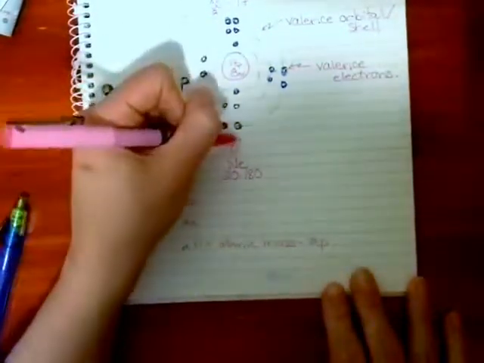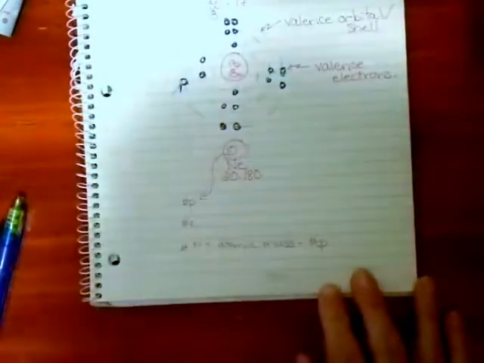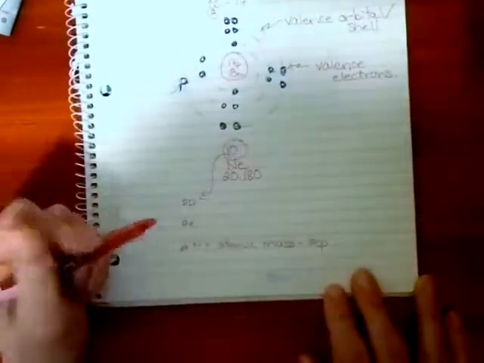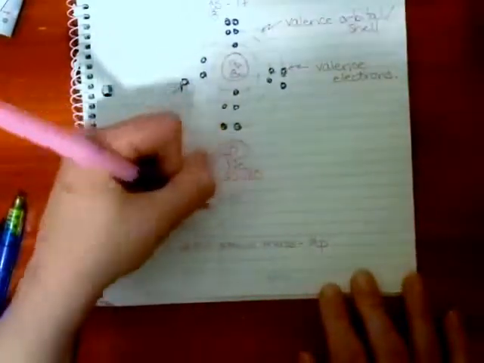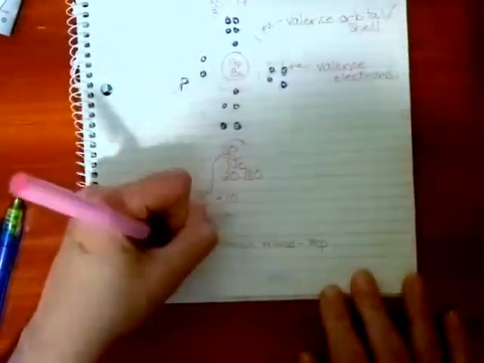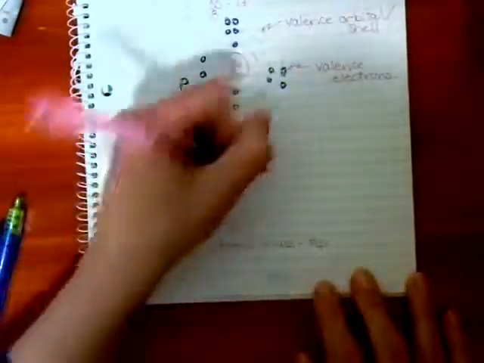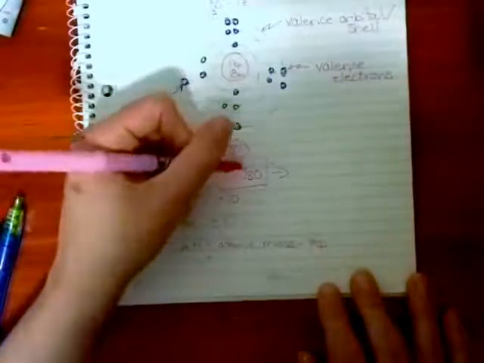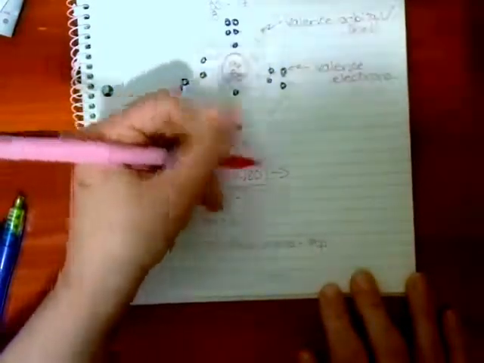So the whole number, the no decimals in it, is always my number of protons. I'm in an atomic or neutral state, so my number of protons equals my number of electrons. So 10 and 10. Now I take this number, the atomic mass, and I round it to be a whole number. 20.1, and this would round to 2, is going to be 20.